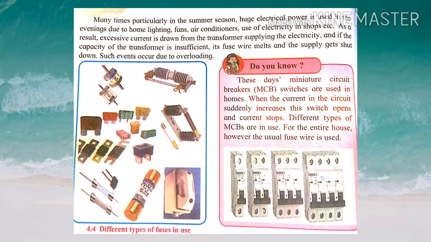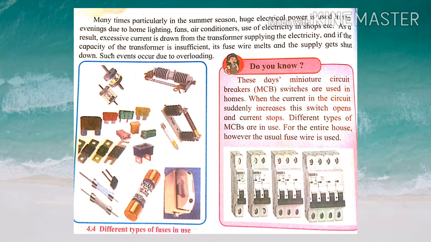Many times in the summer season, huge electrical power is used due to home lighting, fans, air conditioners, etc. As a result, excessive current is drawn from the transformer, and if the capacity of the transformer is insufficient, its fuse wire melts and supply gets shut down.